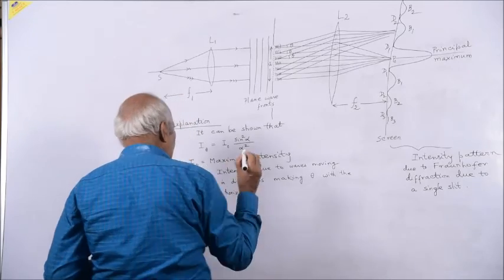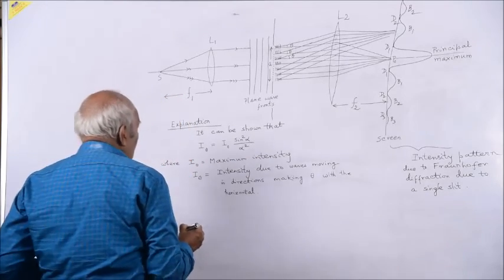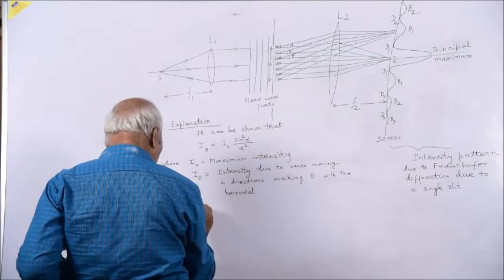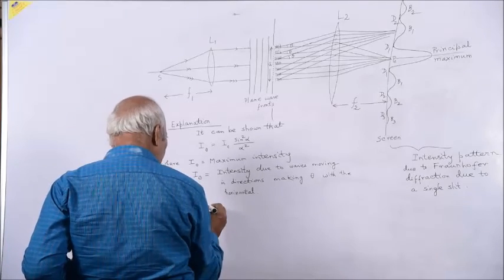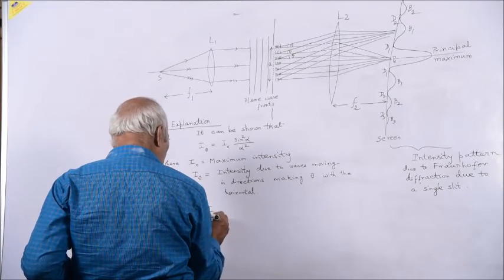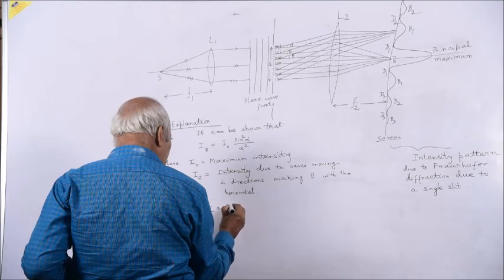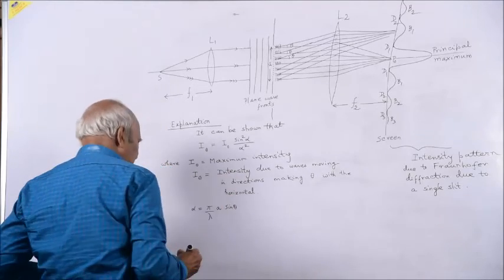And what is alpha? Alpha is equal to pi by lambda a sin theta.